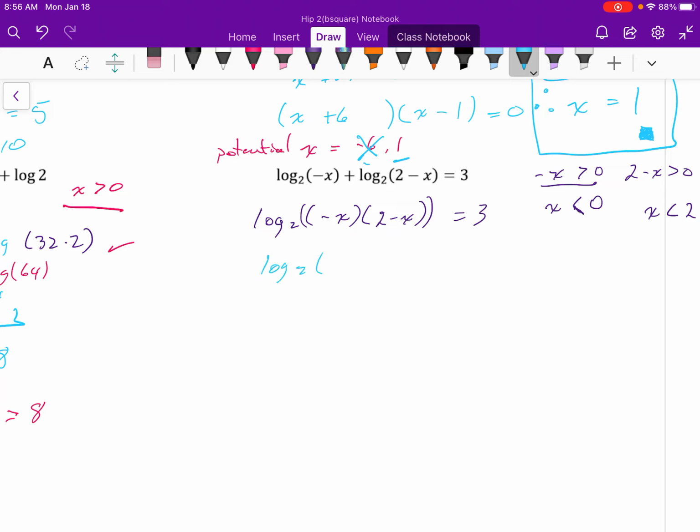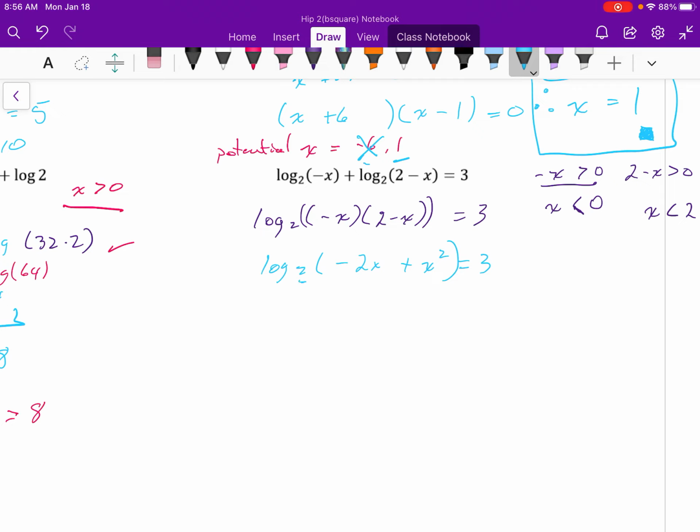And what I end up with is log base 2 of negative 2x, sorry, my mistake, minus 2x plus x squared is equal to 3.